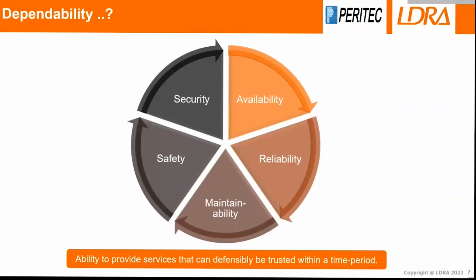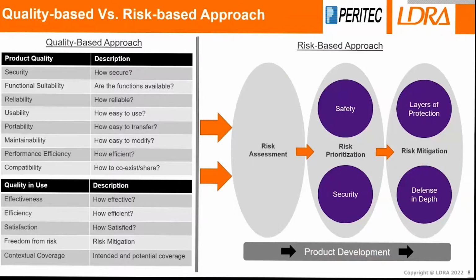So because of all this purpose, the systems are getting connected and they are communicating to each other, and security has also become a concern for developing a dependable product. So dependability means it is the ability to provide services that can defensibly be trusted within a time period.